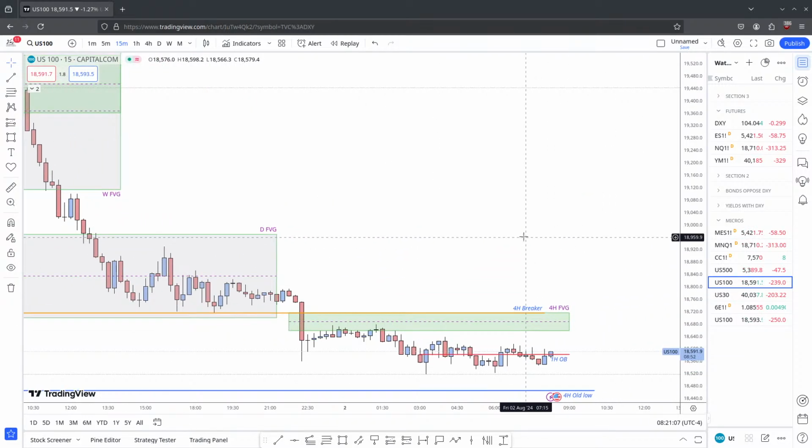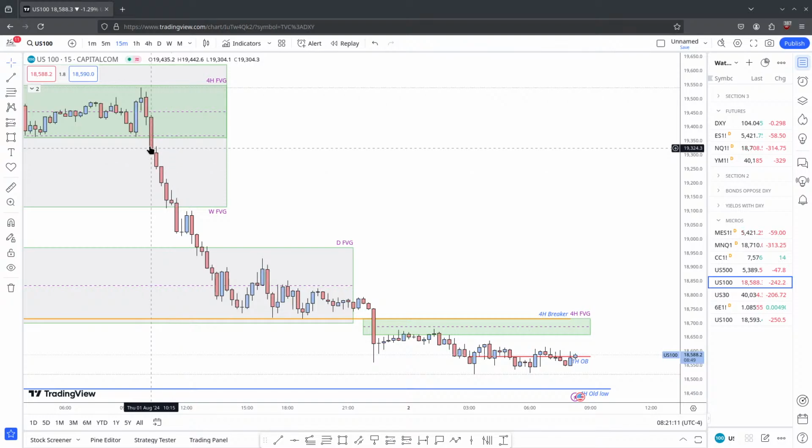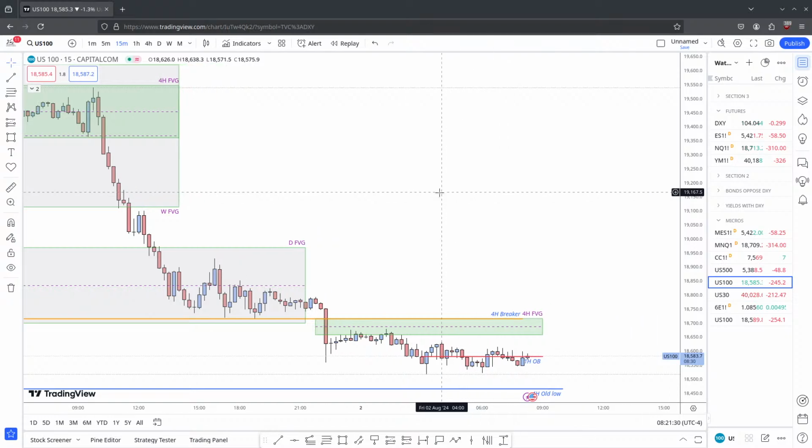Okay, so that is low probability. Now, again, since we dropped lower and we didn't take out any short term highs here, there's a lot of buy side liquidity resting above this. Again, that adds to that 50-50 trading environment.